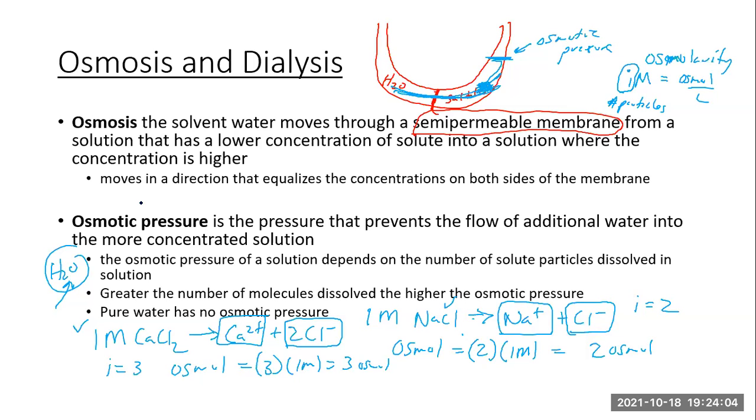Now, you maybe have heard of reverse osmosis. Reverse osmosis is when you apply a pressure greater than the osmotic pressure. The atmospheric pressure stops the flow of water molecules, so if you apply a pressure that's greater than the osmotic pressure, what you're going to do is force everything, the water, the salt, and everything, back the other way.